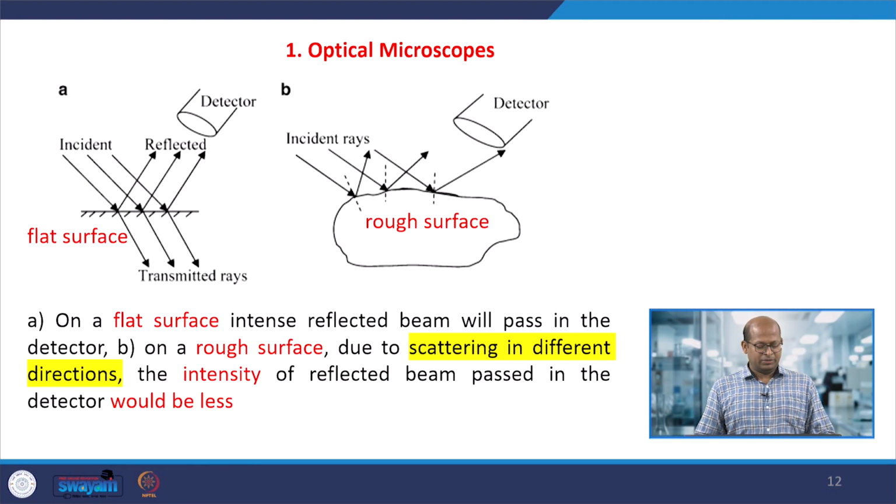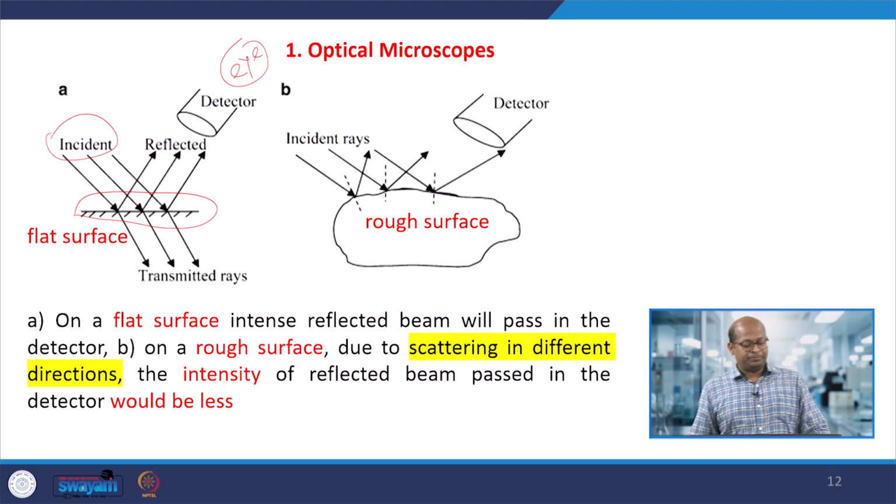When we use this particular type of microscope, suppose you have a flat surface where the incident ray falls, and then it is reflected to the detector, which is our eye if it is a human, and if it is an instrument, that is the detector. Through that, the reflected rays come to the detector, and that way we can get a specific object image.